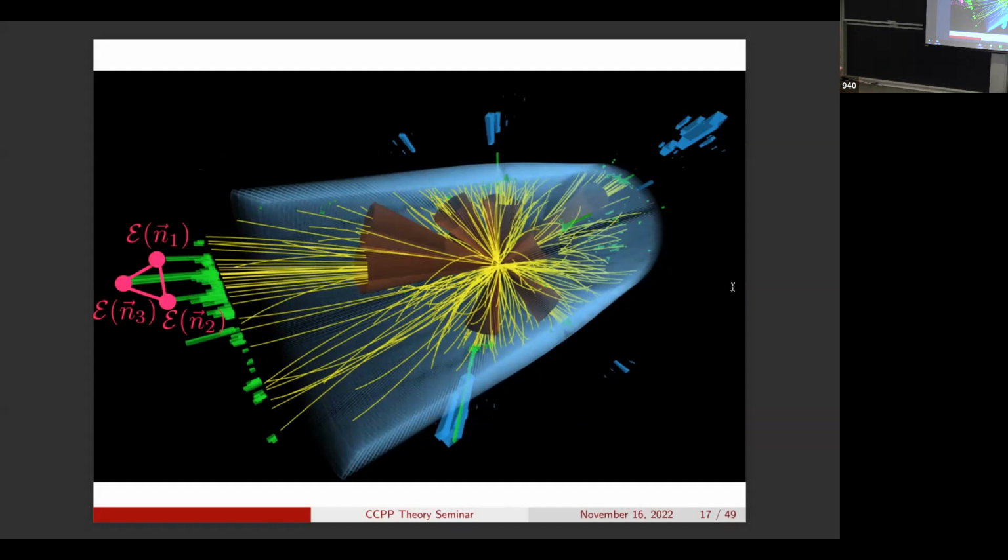So you can start measuring higher-point correlation functions, for example 3- or 4-particle correlation functions, in a regime where you have perturbative control and you're not just dominated by non-perturbative physics. It makes a huge difference for being able to extract some of these properties of these correlation functions, which one can compute in perturbation theory and understand using this operator product expansion.